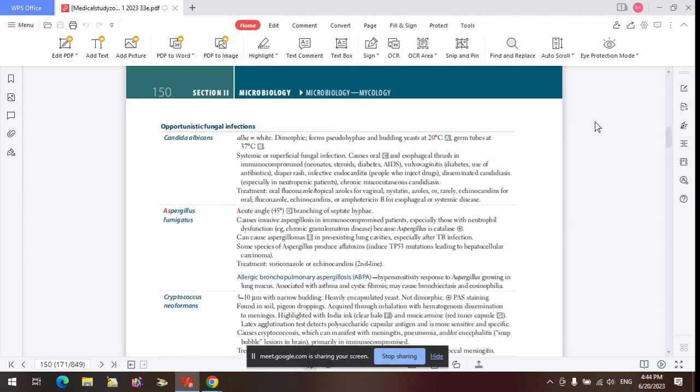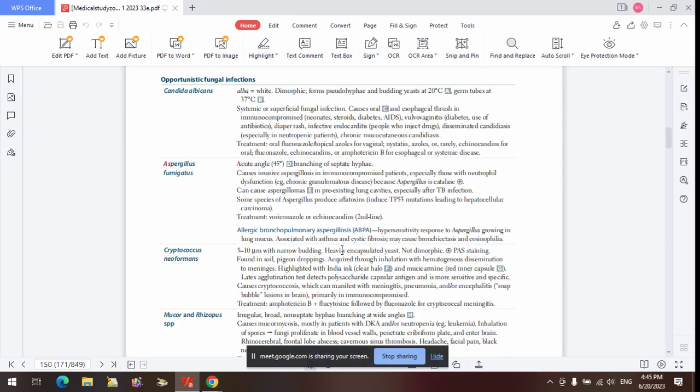Then the yeast form of Candida. The yeast form forms pseudohyphae.